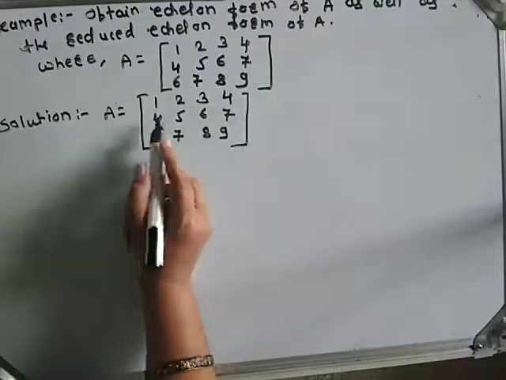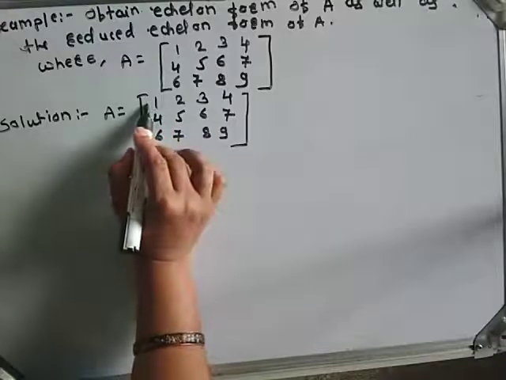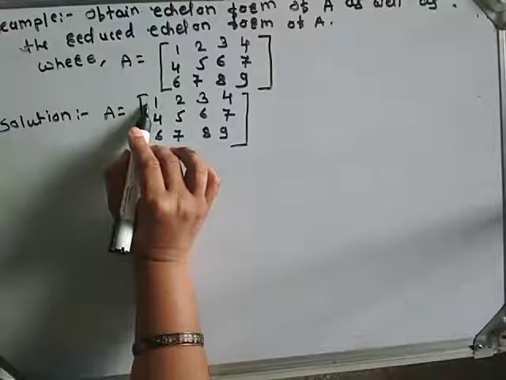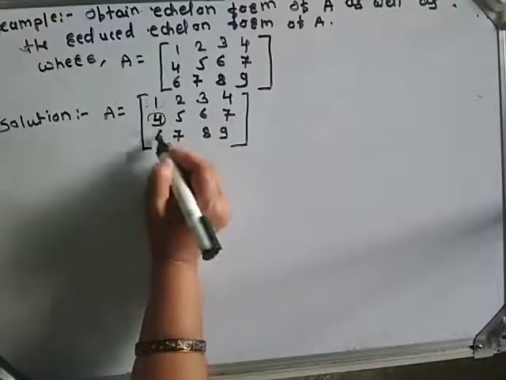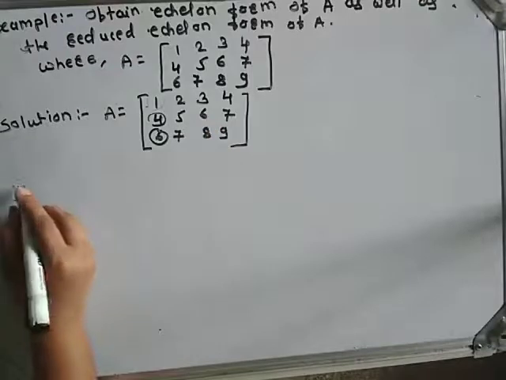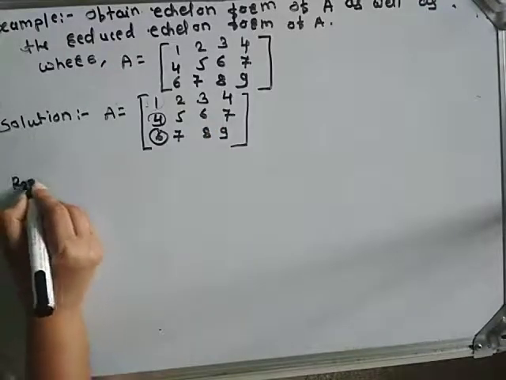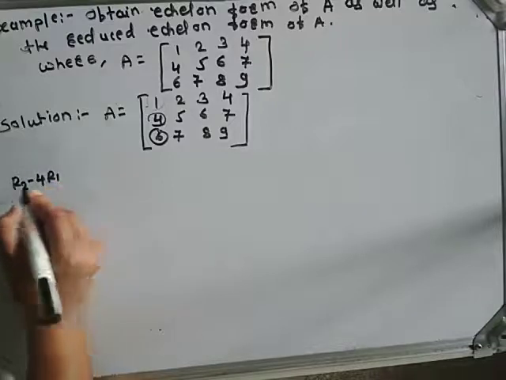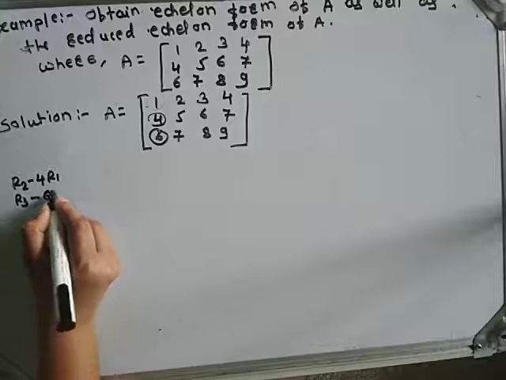Okay. In first row, this one is leading entry. We require here 0. Therefore we perform operation R2 minus 4R1 and R3 minus 6R1.